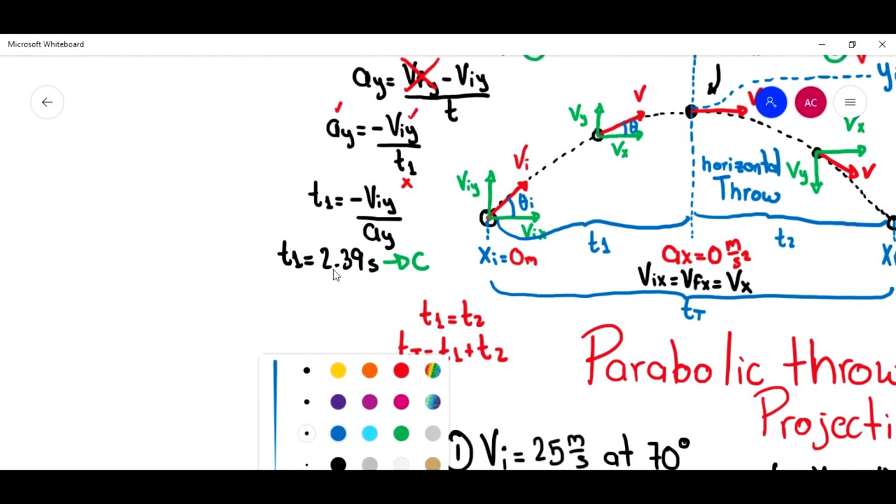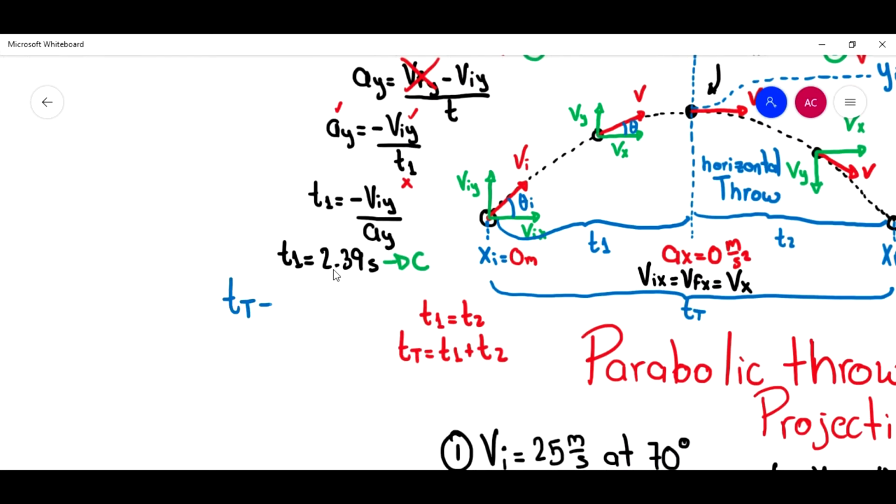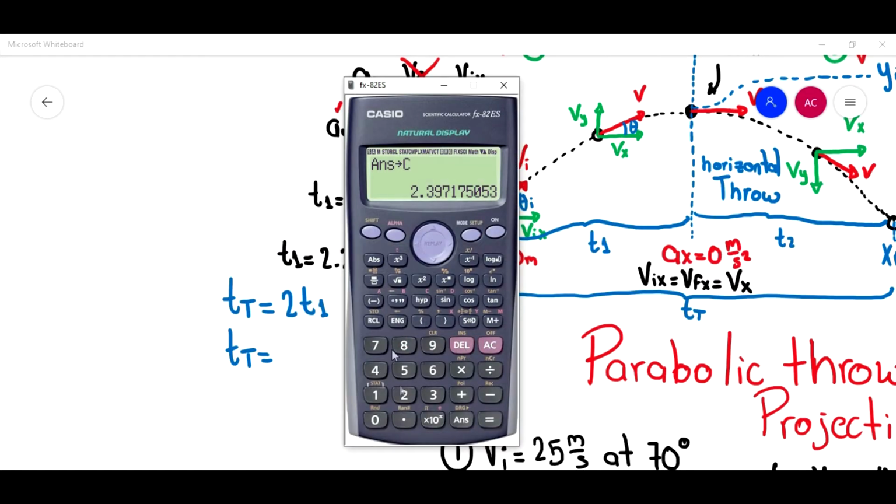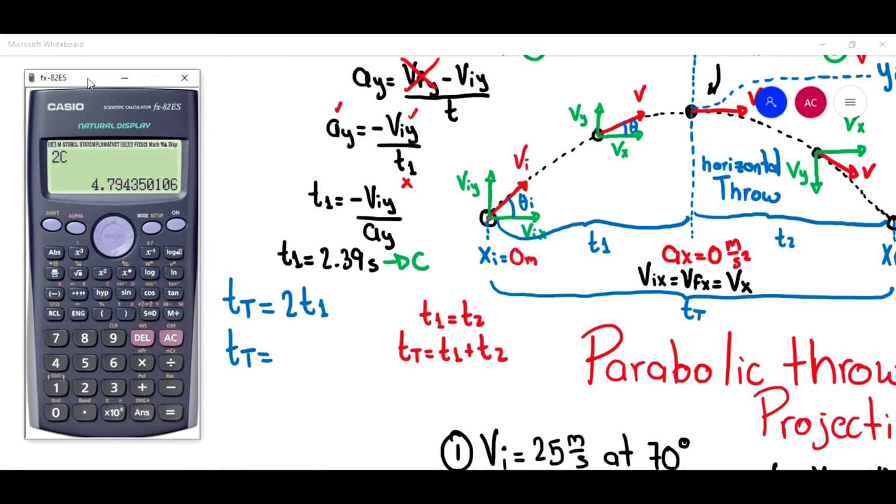Total time equals, since time 1 equals time 2 and it's the addition, total time is 2 times time 1. So total time equals 2 times alpha C.